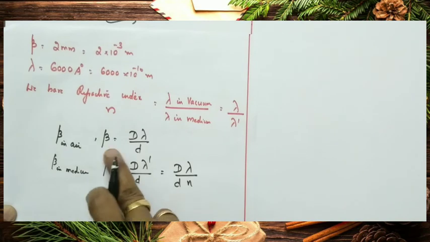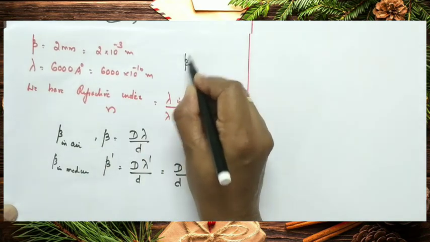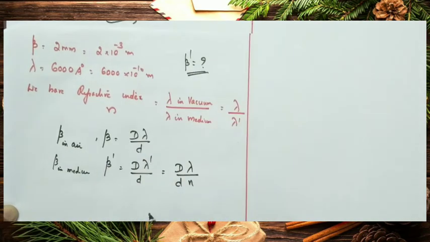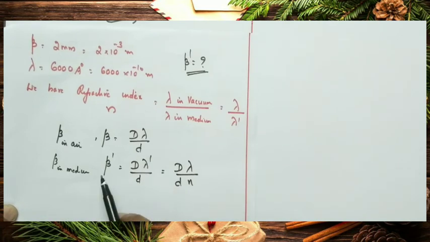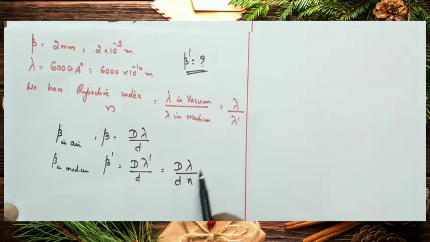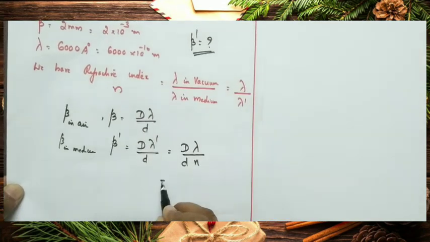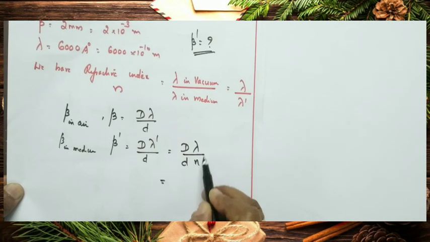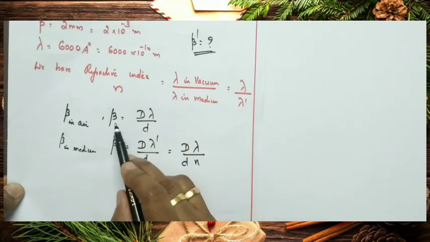Clear? So, we have to find beta dash. Beta dash, the fringe width in the particular medium, that is water, is D lambda dash divided by d, and lambda dash is lambda by n. We can just substitute. What is D lambda by d? It is beta.